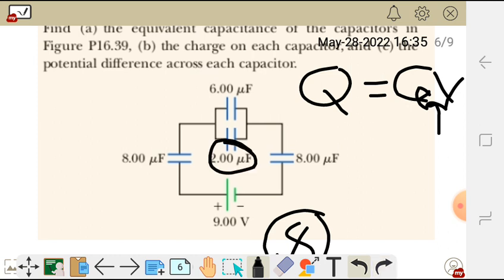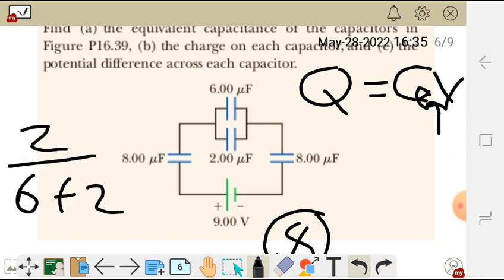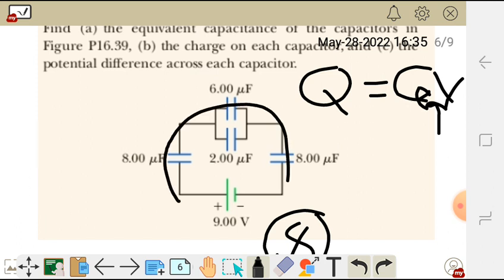If you're looking for the charge for this one, you say 2 over 6 plus 2, and then multiply it by the total charge flowing through this circuit.